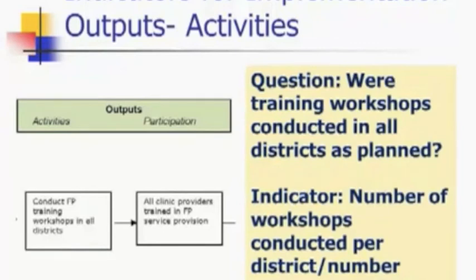So here are my thoughts on those questions and the indicators associated with them. First, for outputs activities, the question I might ask would be, were training workshops conducted in all districts as planned? And the indicator might be the number of workshops conducted per district over the number of workshops planned per district.